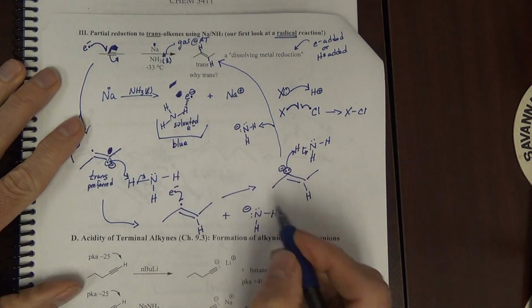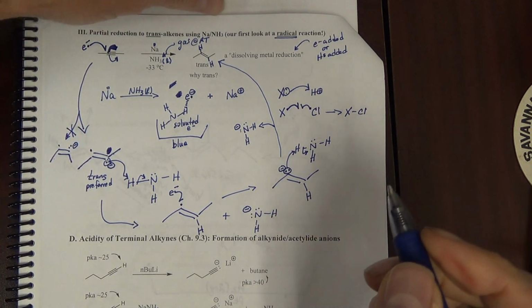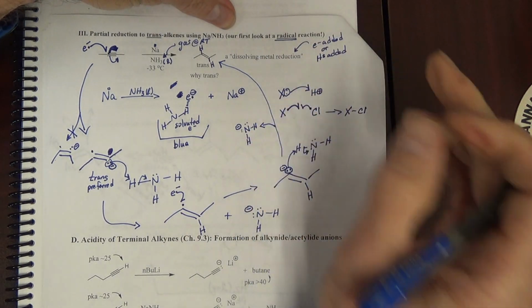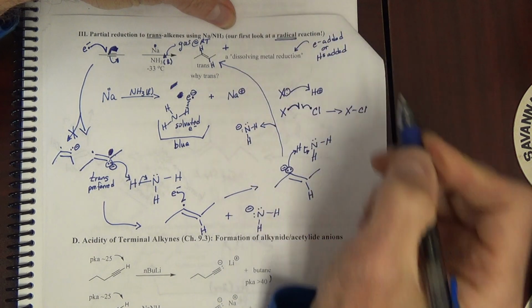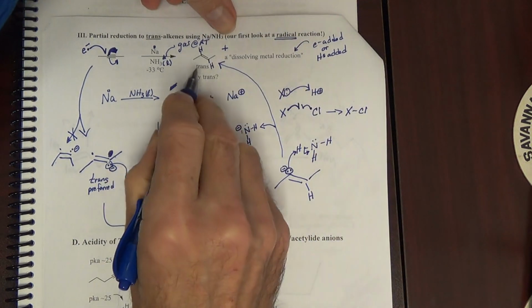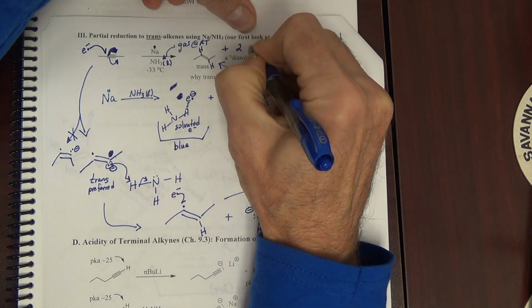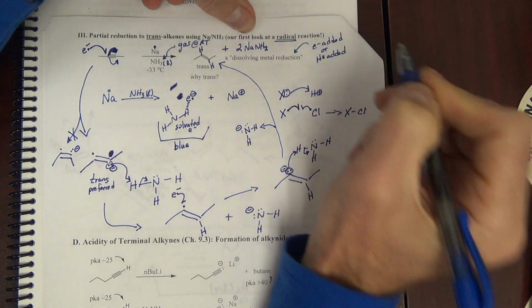Another electron pumps in, forms another carbanion, and it takes an H from ammonia. Now let's balance this out. We actually formed, in addition to the trans alkene, two NaNH2s.